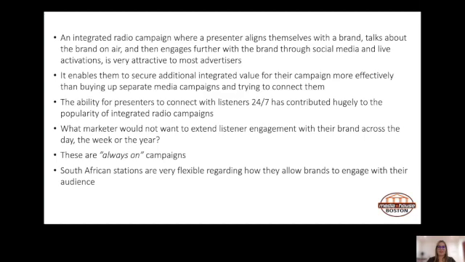The popularity of integrated and non-traditional radio advertising in South Africa is partly due to our tightly regulated environment. South Africa has very few commercial radio stations per person compared to other international markets.